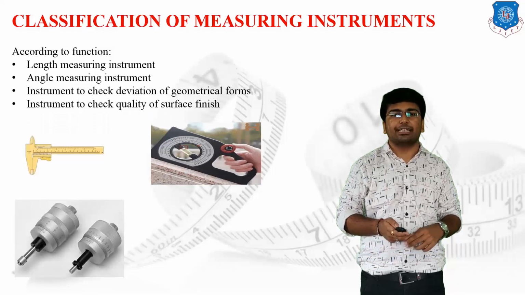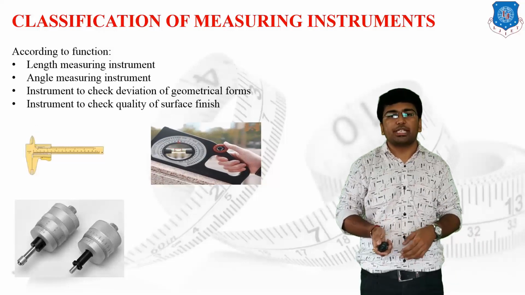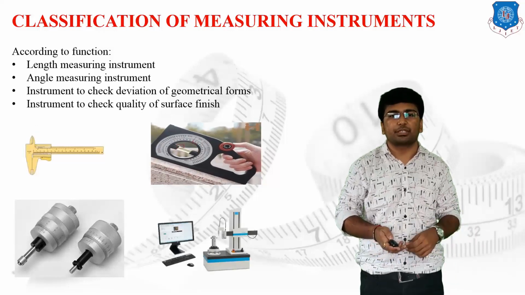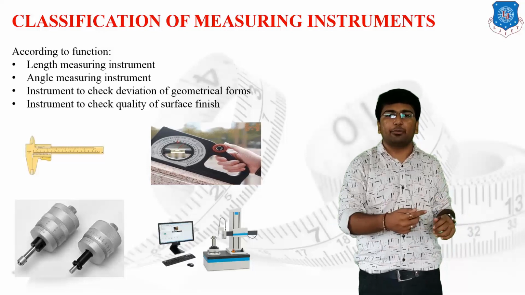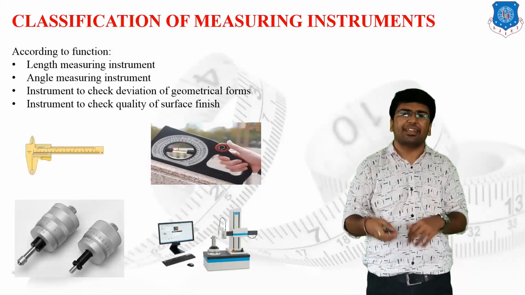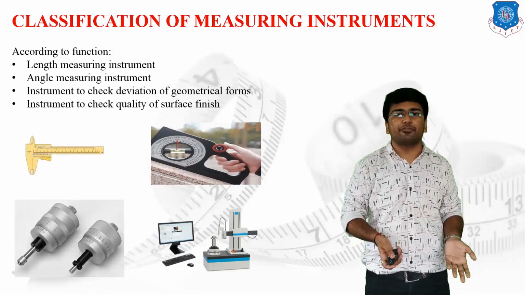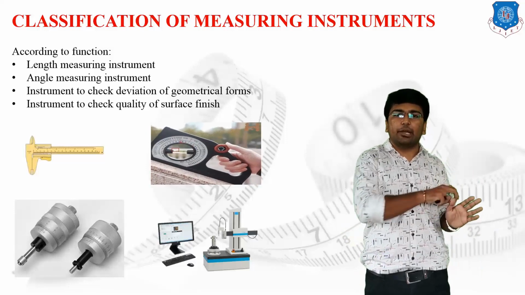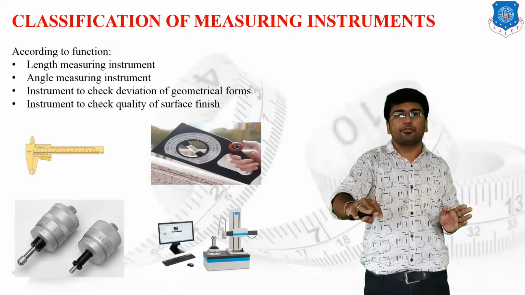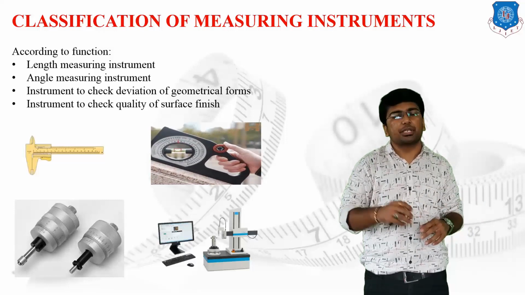Then the next one is the instrument which is useful to check the quality of the surface finish. Suppose I have done machining on a lathe, a milling machine, or any other machine, and have produced a surface finish over the machined surface.